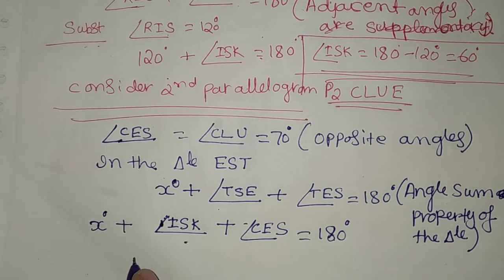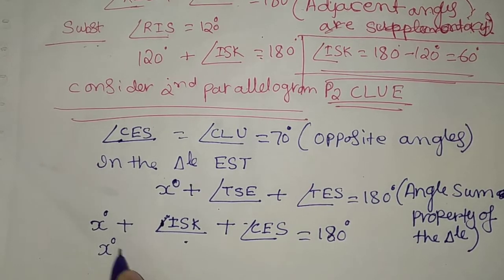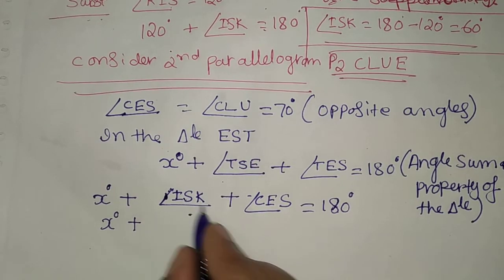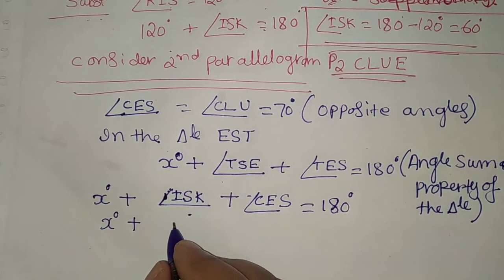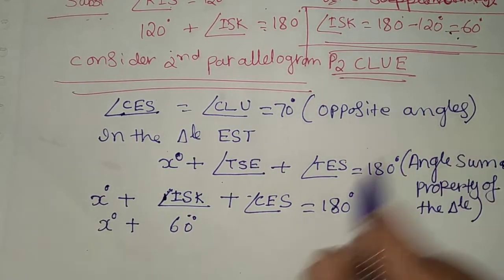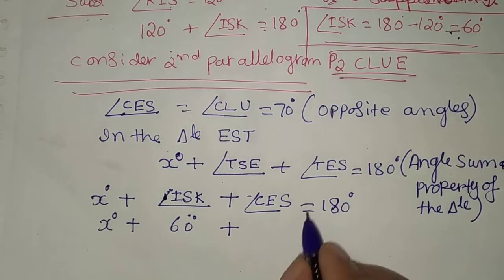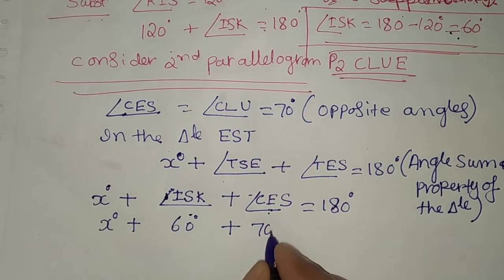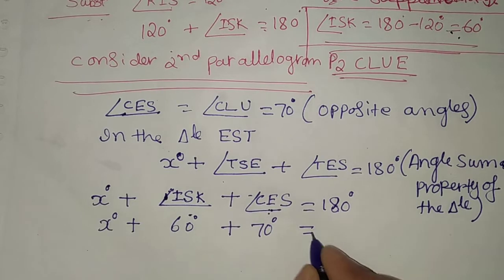Therefore, we substitute the values now: plus x plus ISK, which is 60 degrees, plus CES is 70 degrees, which is equal to 180.